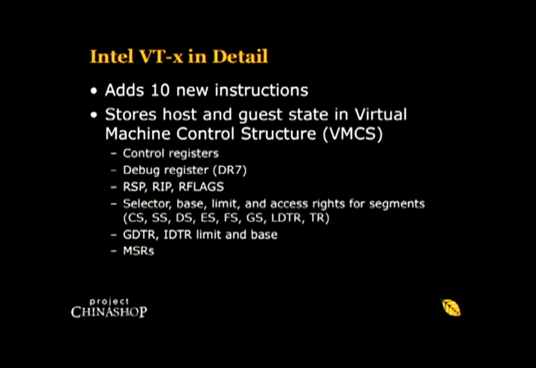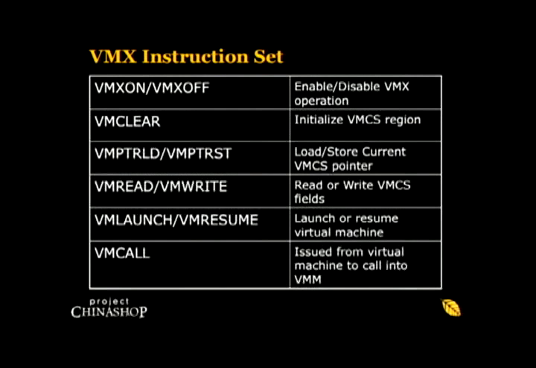Interestingly, they didn't include general purpose registers, so you actually have to do that yourself. So when you swap in, you have the EAX, EBX, ECX of the guest OS, and you have to save that yourself, which is kind of a pain in the butt. The instruction set is really small. You have instructions to enable and disable VMX operation, and instructions to operate on the VMCS region.